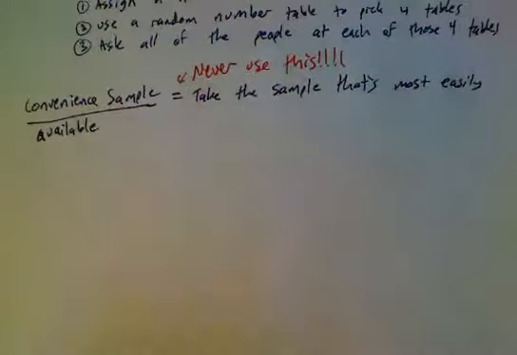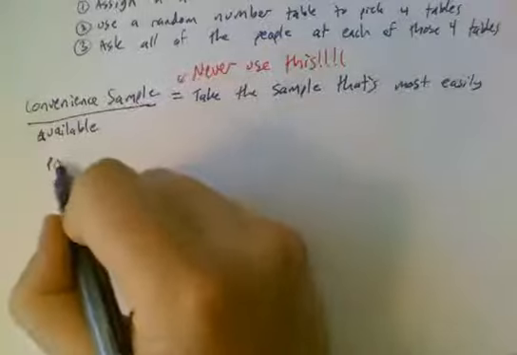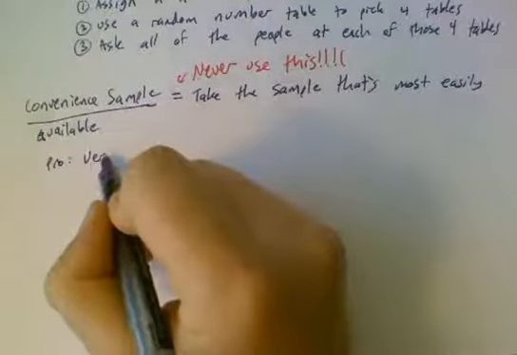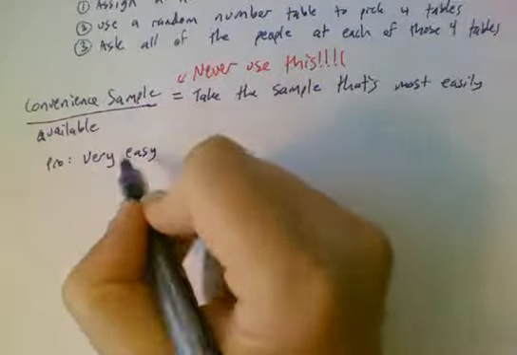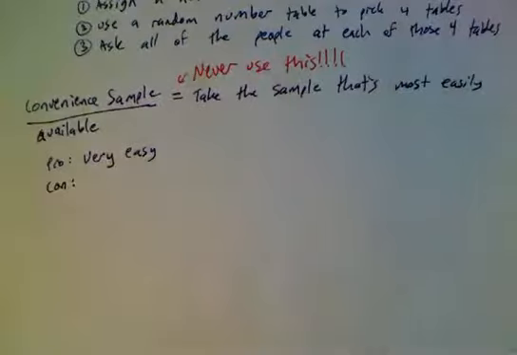So if I want to know who's going to be the next president, I would just ask my friends, who are you going to vote for president? The advantage is that it's very easy to do. The con is that your data is garbage.